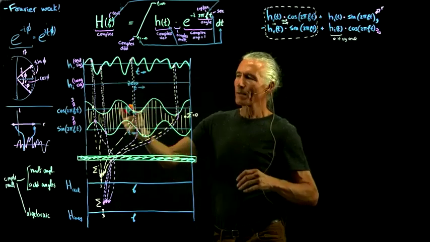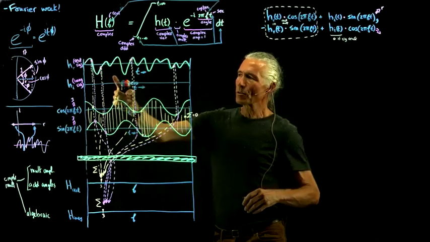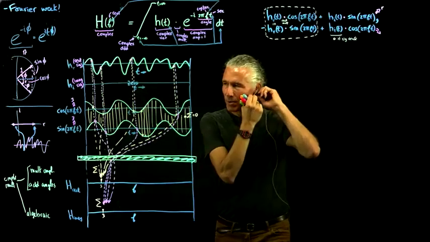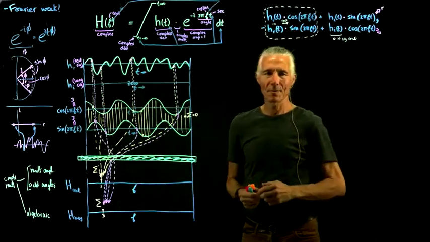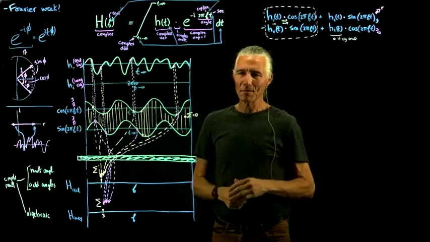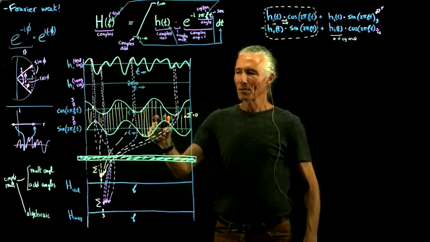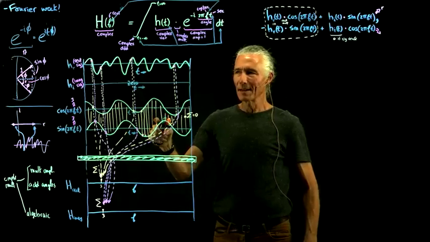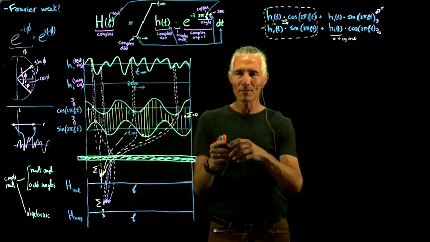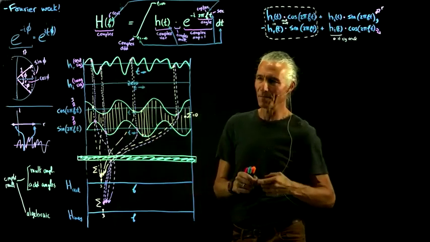So if you figure out how much the signal correlates with a cosine, it doesn't tell you anything about how much it correlates with a sine. It's completely independent. And it turns out not only are cosine and sine at a given frequency orthogonal, completely uncorrelated, but all different frequencies are uncorrelated with each other.